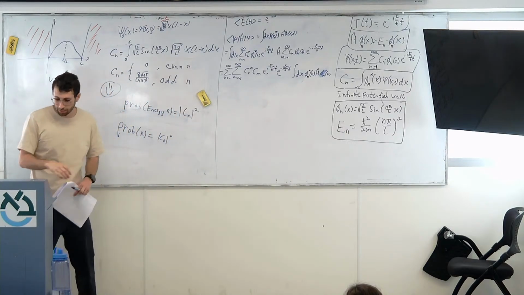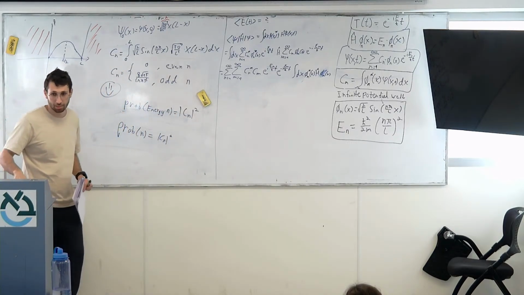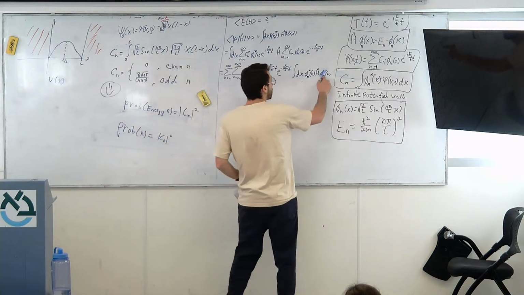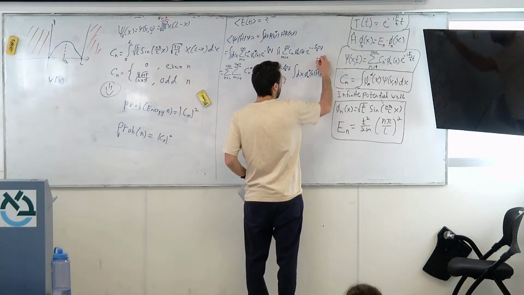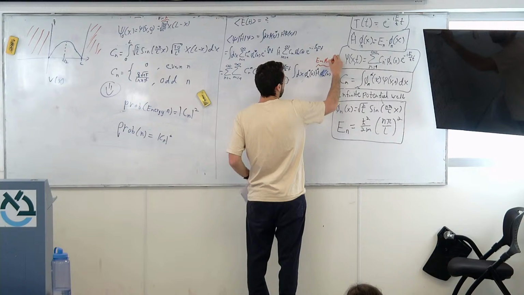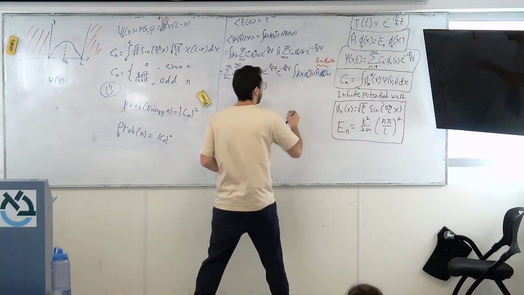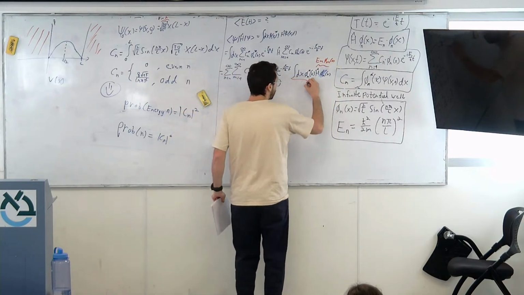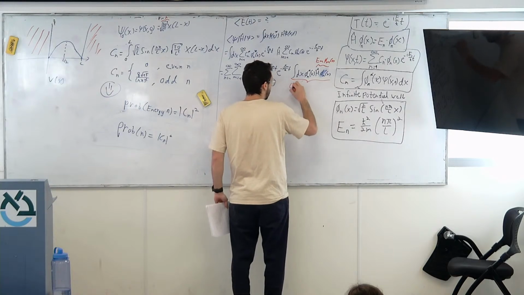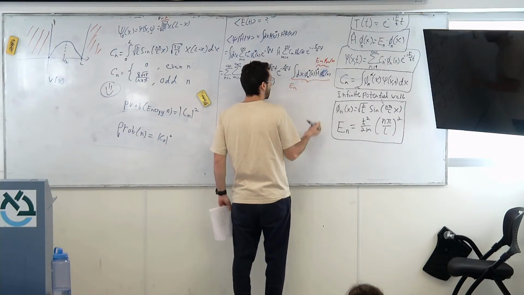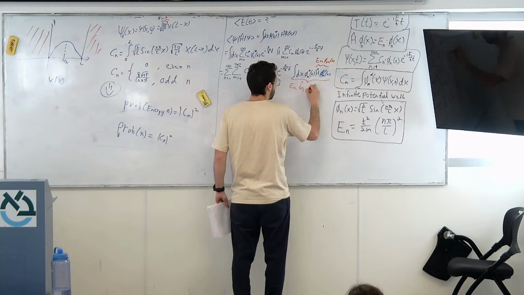Does it make sense, what I'm doing this far? When I apply H on phi, I get Em times phi m of x. Overall, from this integral, I get Em, because Em doesn't depend on x, times delta m n.